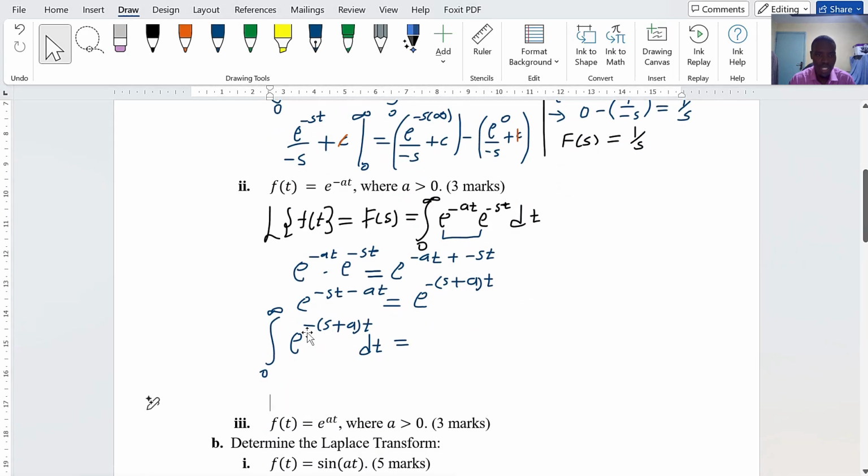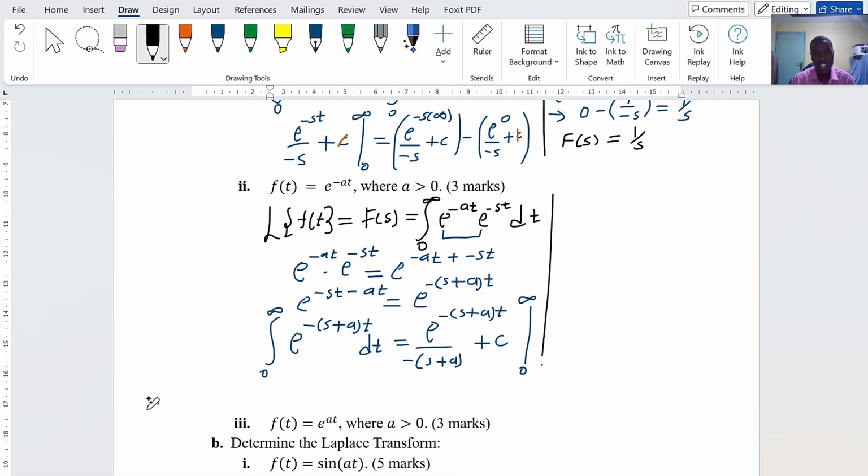So our u is negative into s plus a. So we are going to have e power negative into s plus a t, all divided by the coefficient of t, which is this. So our u is all this, negative s plus a. Then this is plus c, integrating from 0 to infinity.